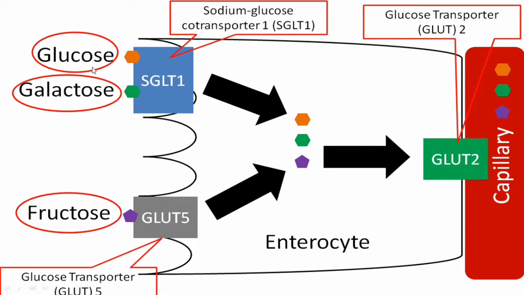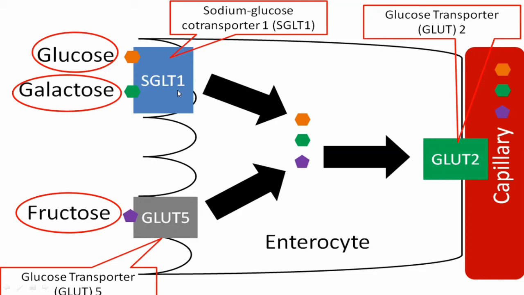The mechanism for glucose and galactose is different from that of fructose. Fructose is transported inside the enterocytes through facilitated diffusion, while glucose is transported into the intestinal cell through another mechanism known as sodium co-transport.